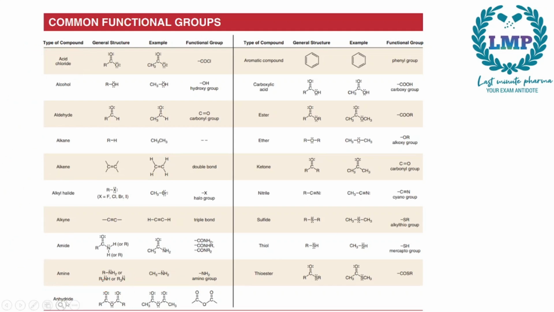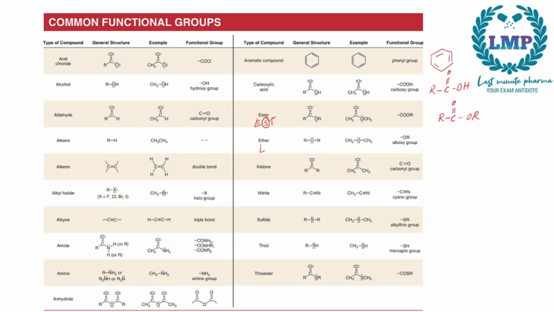Okay, so now let us see how we write an aromatic compound. An aromatic compound will be written as a benzene ring or any aromatic ring which has an alternating double bond pattern. Then for a carboxylic acid, we will have R C double bond O OH. For an ester, since we have E and T separated by an S, we will have R with an extra C double bond O and then continued with an OR.